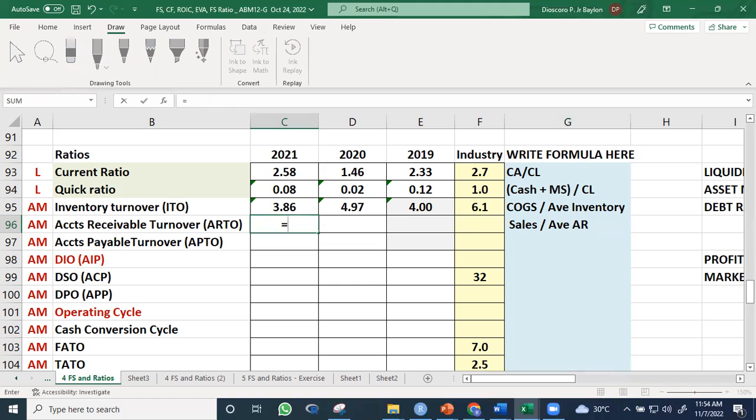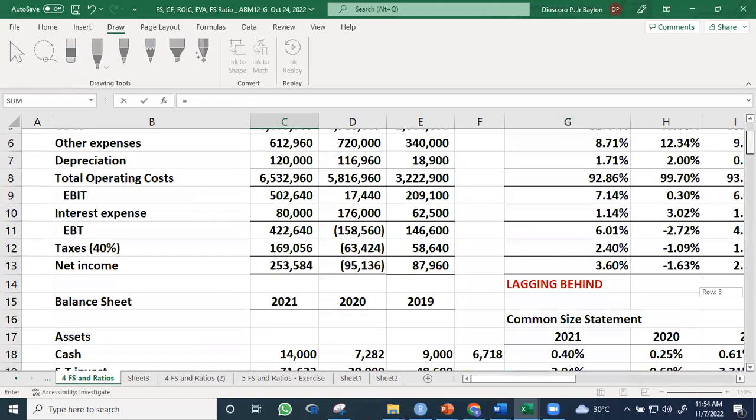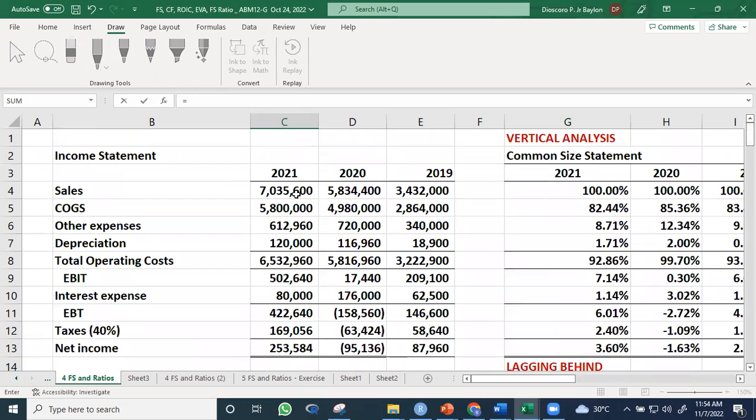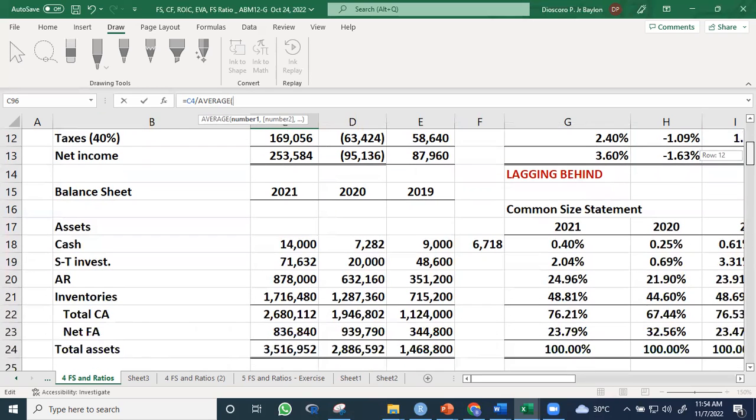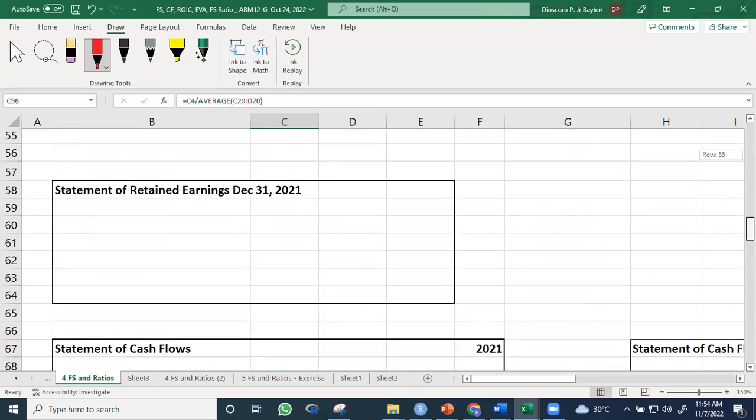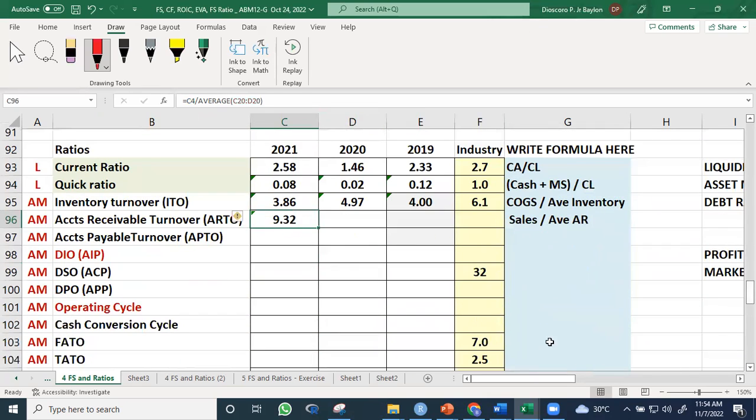Okay, so let's compute for the ARTO. And the ARTO is equal to sales divided by the average AR. Let me flash my formula.